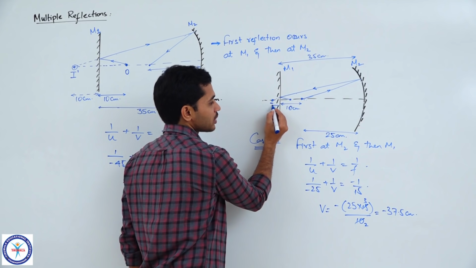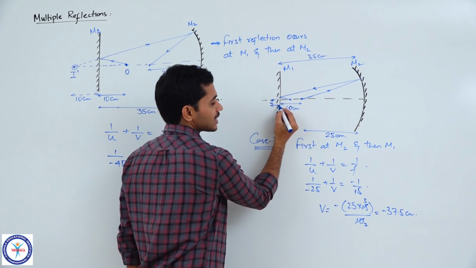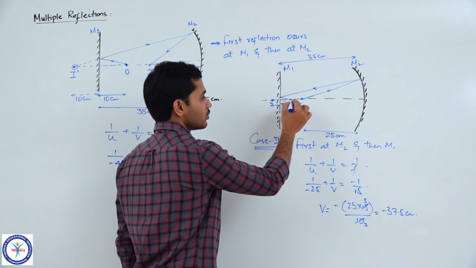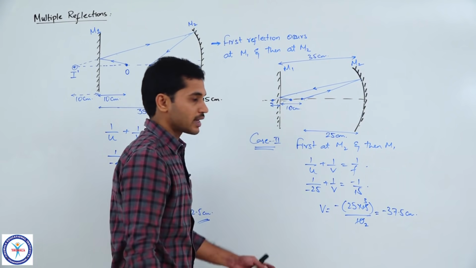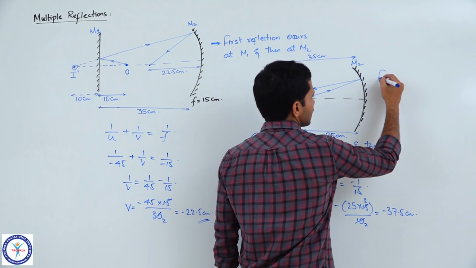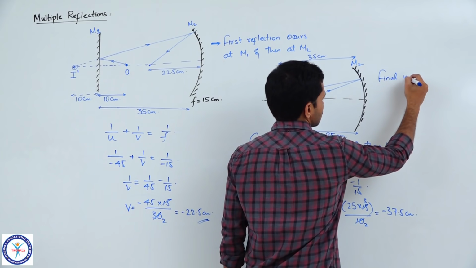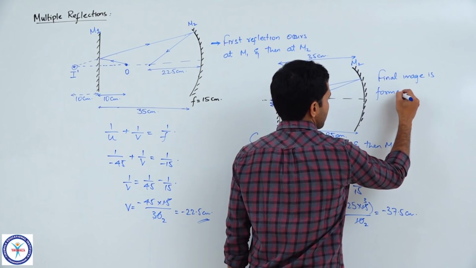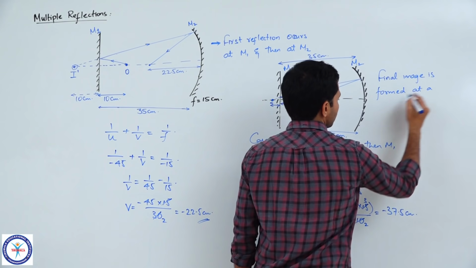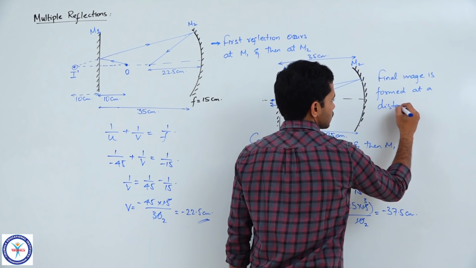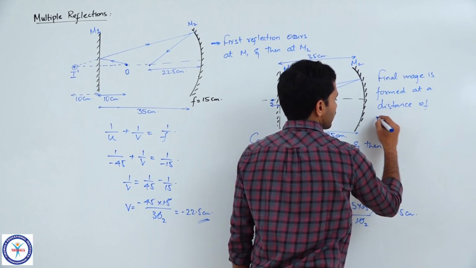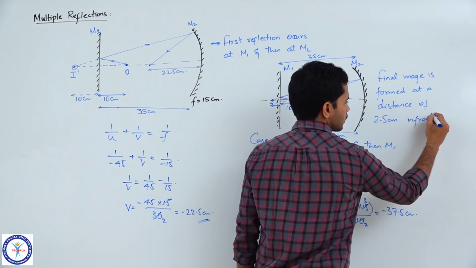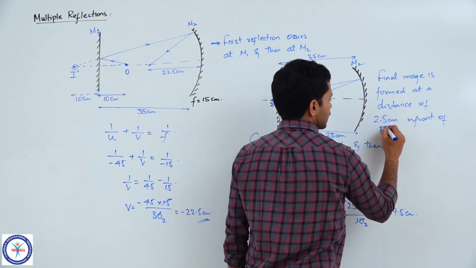Whatever is the distance behind it for the object, at the same distance in front of it, it forms an image. So, the final image is formed over here. I can write it down here. Final image is formed at a distance of 2.5 centimeters in front of the plane mirror.